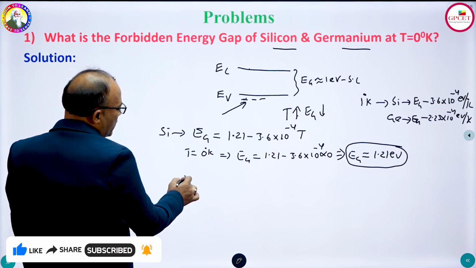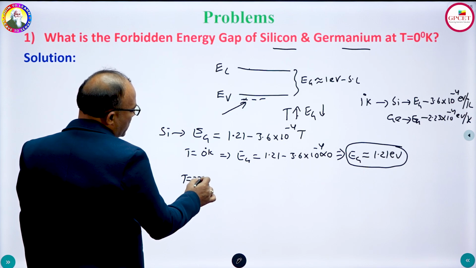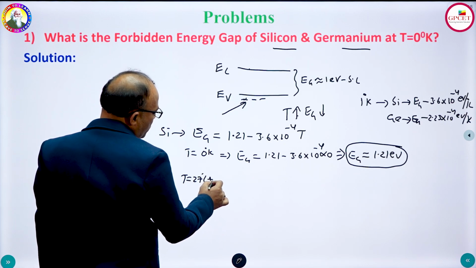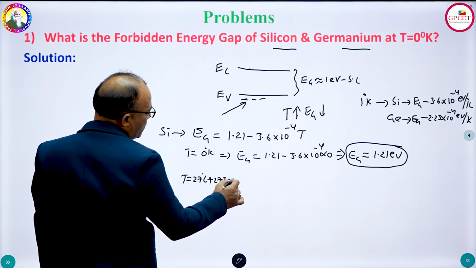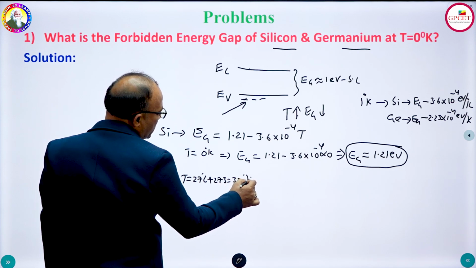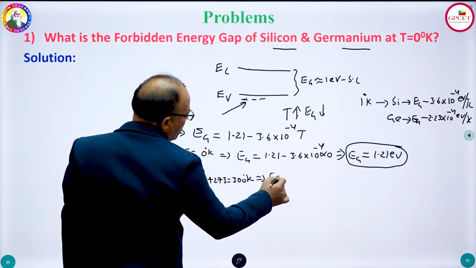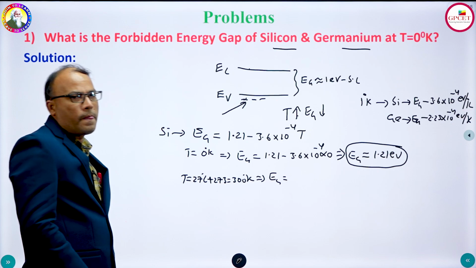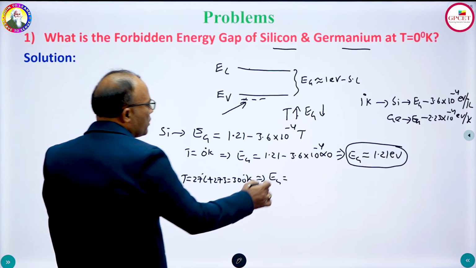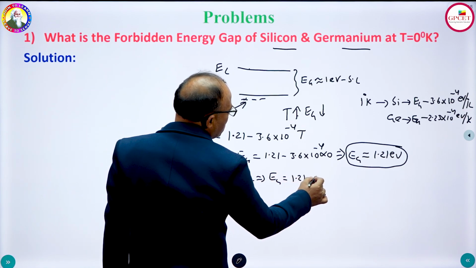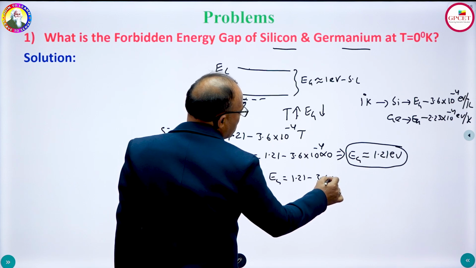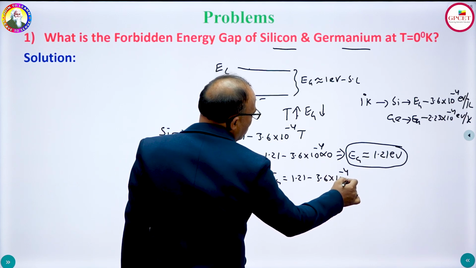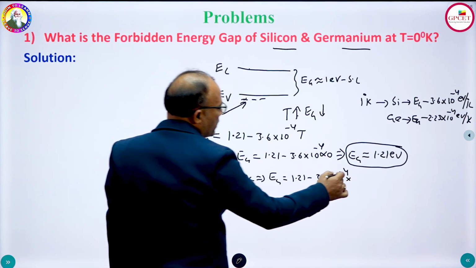For example, at room temperature, T is equal to 27 degrees C, plus 273 to convert into kelvins, that is equal to 300 degree Kelvin. So Eg is equal to 1.21 minus 3.6 into 10 power minus 4 into 300.